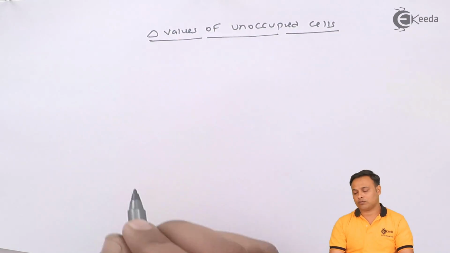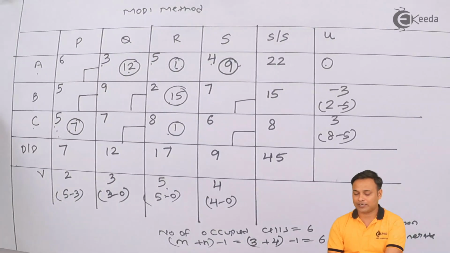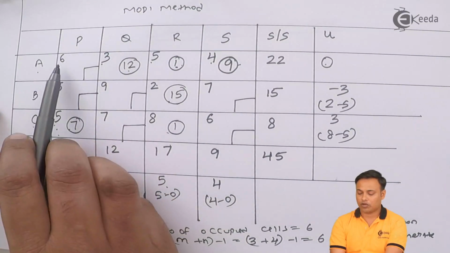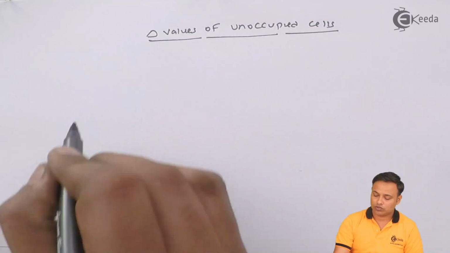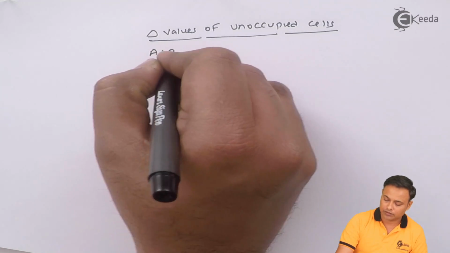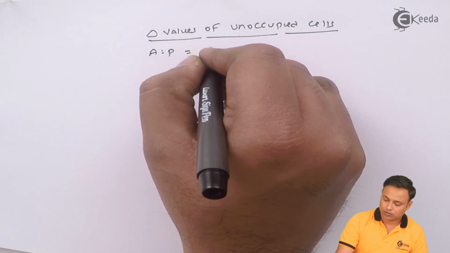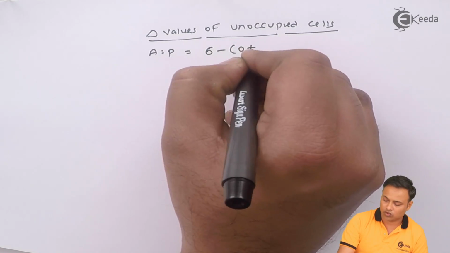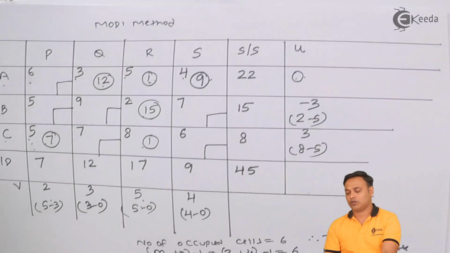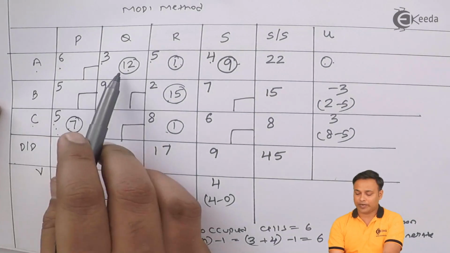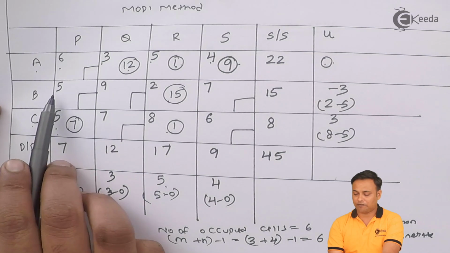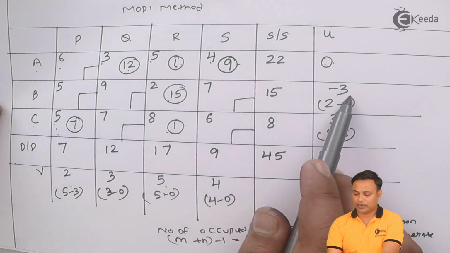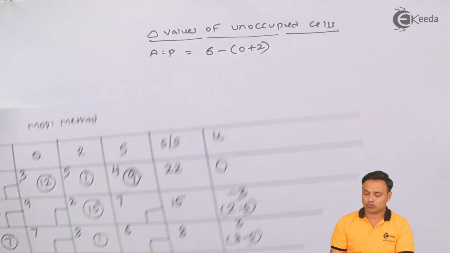We have first unoccupied cell AP, cost is 6 minus 0 plus 2. Next cell we have unoccupied is BP, where the cost is 5 minus 3 plus 2.